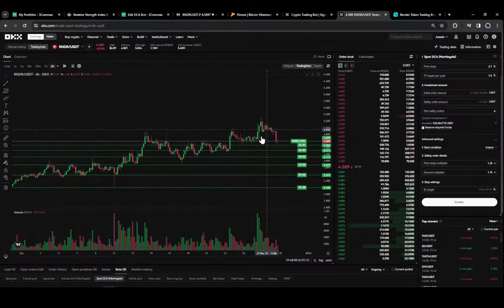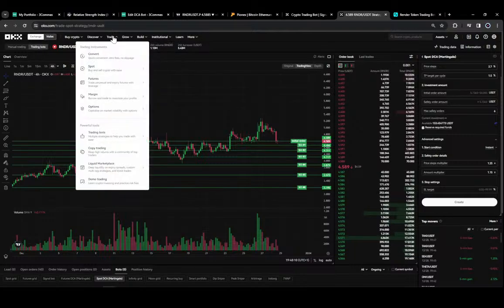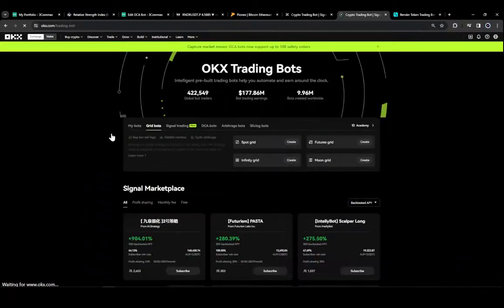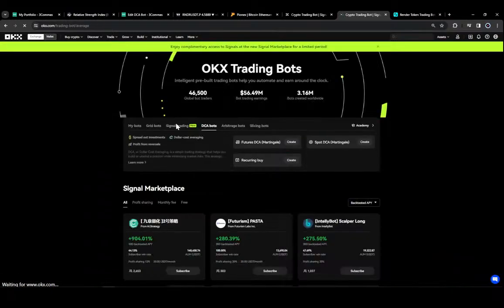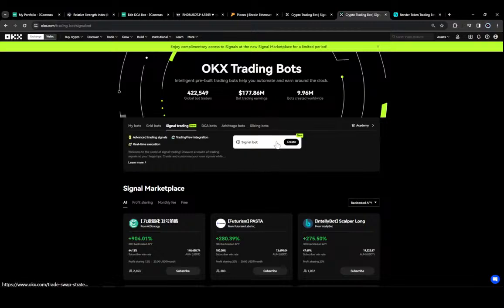There's definitely a DCA strategy available, DCA settings, but there is no built-in strategy such as RSI and so on. In these exchanges, you can have trading bots that trade with a signal. They are called signal bots. And you could basically create a signal bot.